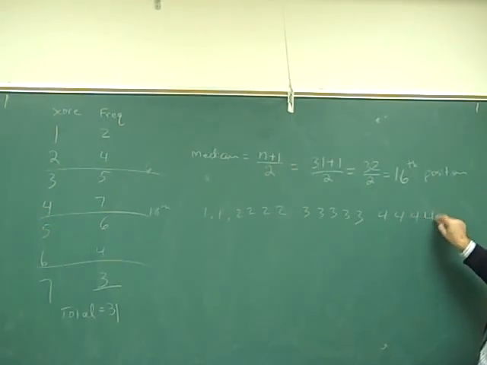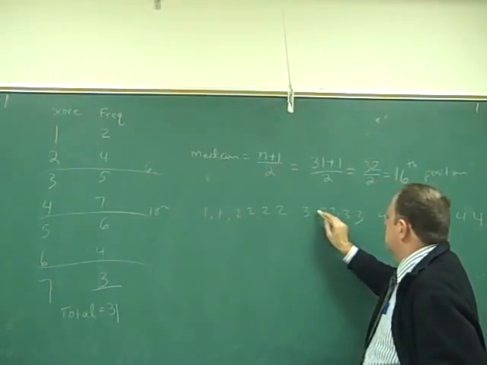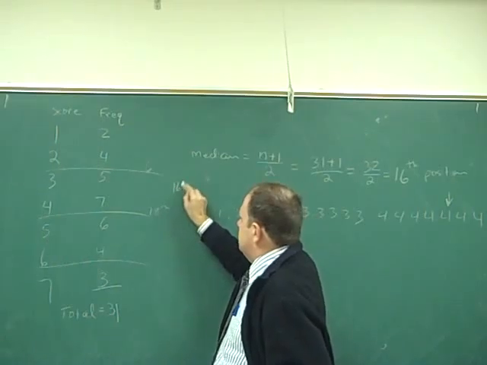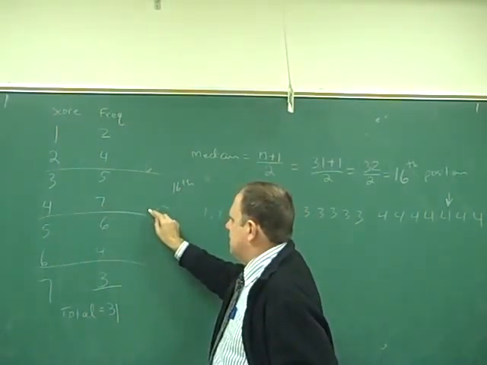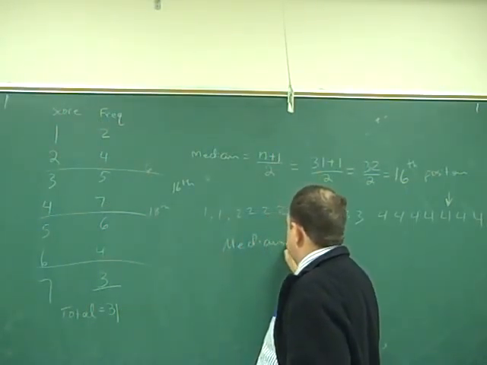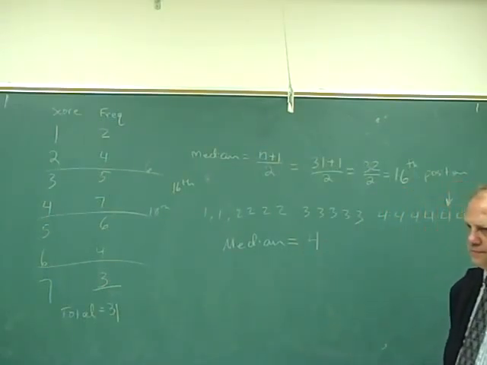Anyways, 4, 4, 4, that's 4, 5, 6, 7. Okay, and then it goes on, right? So we're saying that the 16th position is our median, right? Well, here's 2, there's 6, 7, 8, 9, 10, 11, 12, 13, 14, 15, 16. Sure enough, we're looking for the 16th position, and 4 goes up to the 18th. So what do you think our median is? It's 4, right? Okay.